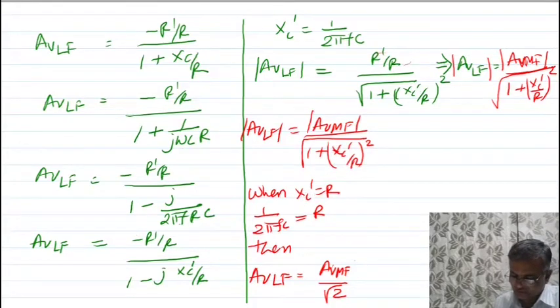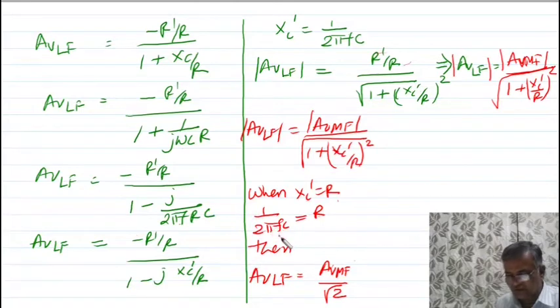When Xc dash is equal to R, then you can write the gain at the low frequency is nothing but 1 by root 2 times the gain at the mid frequency. So frequency f is such that Xc dash will be R. As a result, gain of the amplifier at low frequency is 1 by root 2 times the gain of the amplifier at mid frequency.